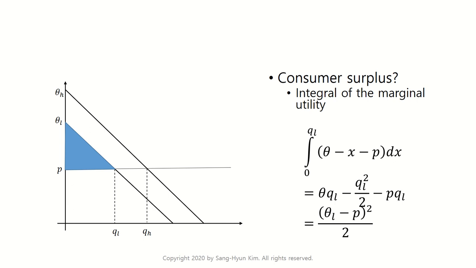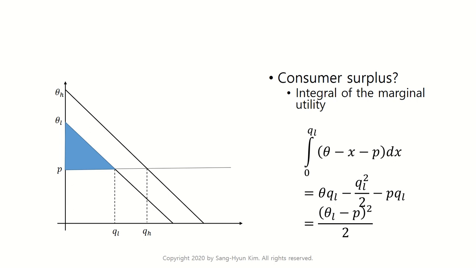To get the demand function, you differentiate the utility function, and then if you integrate the first derivative of the utility function, you get the utility function back, right?